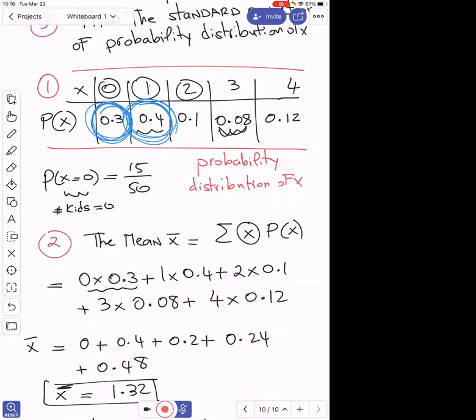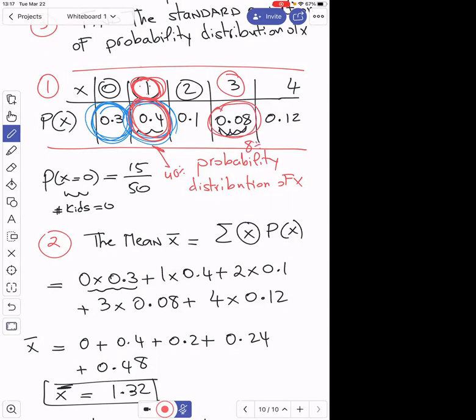For example, when x is 1, the probability that x is 1 is 0.4 or 40%, compared to 3, where the probability is 0.08, just 8%.